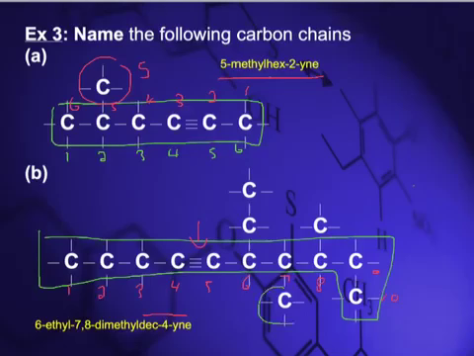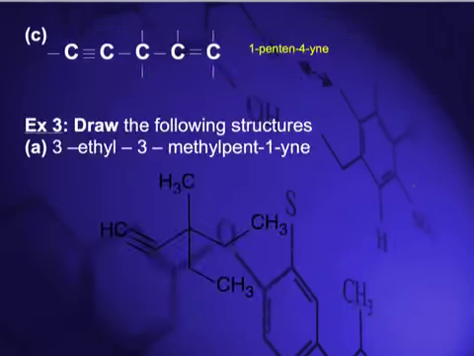We note there's a methyl group at position 7 and 8, and an ethyl group at position 6. Remember, when we name, ethyl comes before methyl because E comes before M in the alphabet. So the final name of this compound is 6-ethyl-7,8-dimethyl-dec-4-yne.